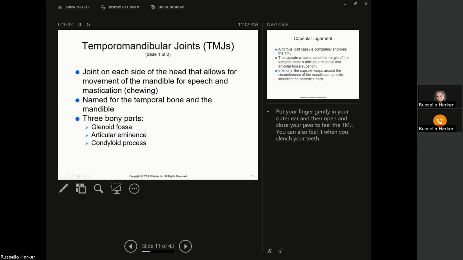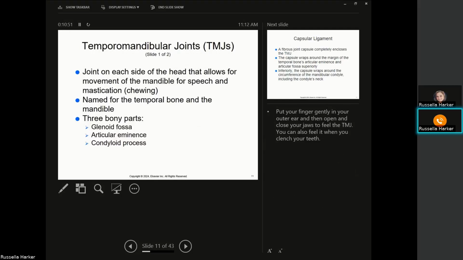The temporomandibular joint is a joint on each side of the head that allows for movement of the mandible for speech and mastication, which means chewing. That joint, or we call it a TMJ, is what allows your jaw to open and close.